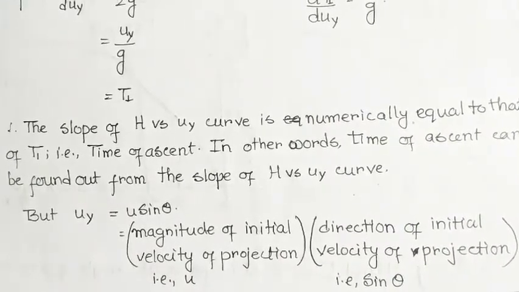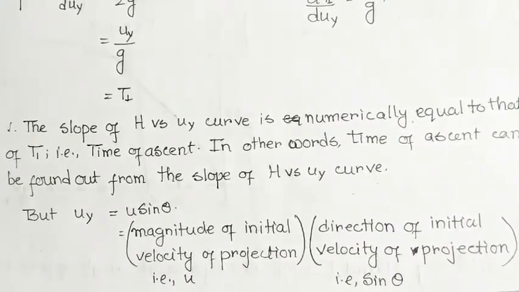What information is kept as a secret within it? uy is u sin theta. u is the magnitude of the velocity of projection, and theta is the direction of the velocity of projection. So uy has all the initial information about the projectile motion.